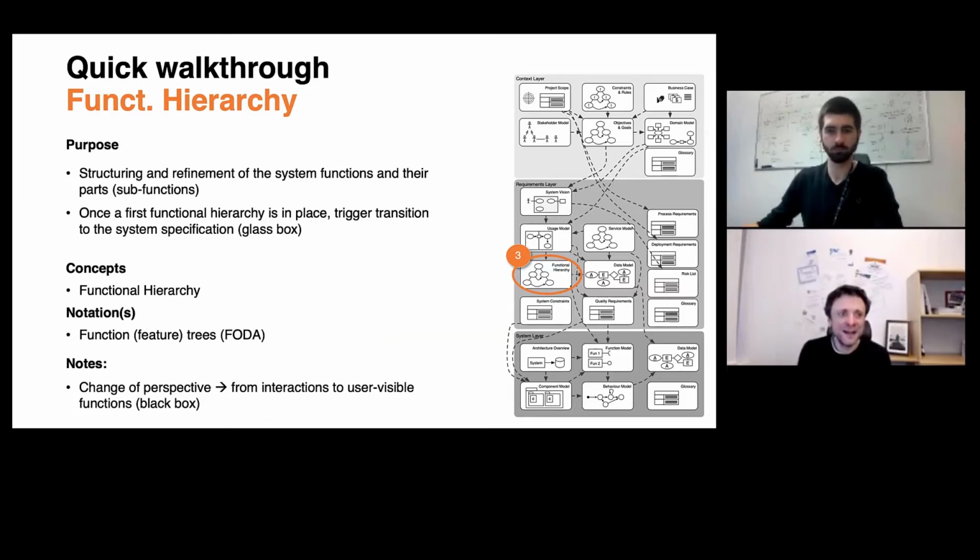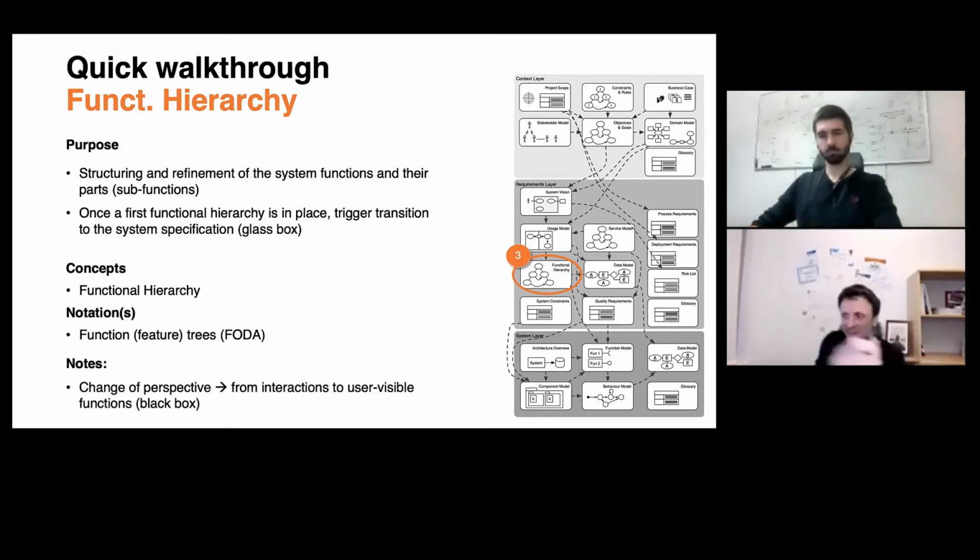Now, in my function hierarchy, I just leave the perspective of my end user on this system-sided activity and take the perspective of my software system and think about which functions I need to provide. So user verification, for example: instead of saying verify user, I turn it into a function called user verification.